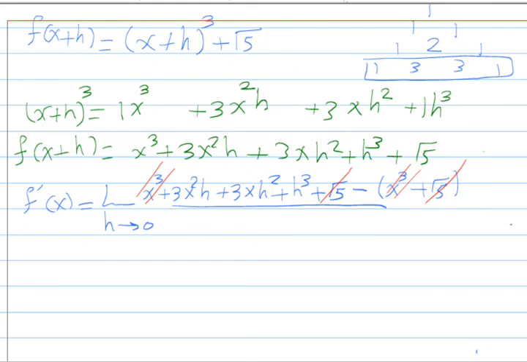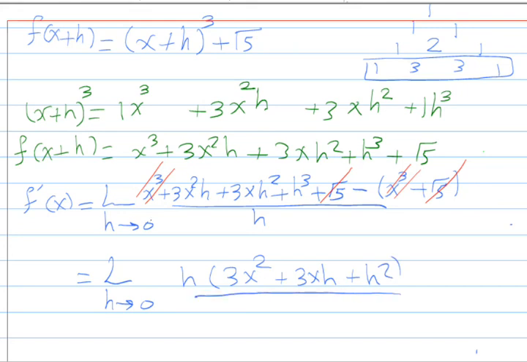F prime of x equals the limit as h approaches 0. Let's take h common factor in this step. I forgot to put this h. So we have h bracket 3x squared plus 3xh plus h squared, over h.